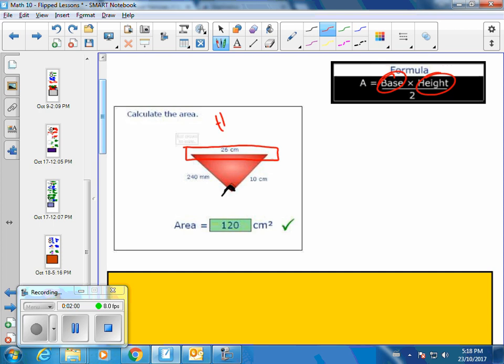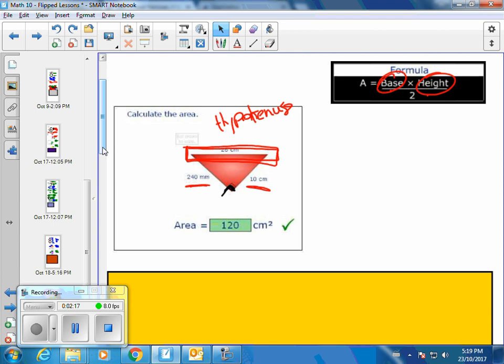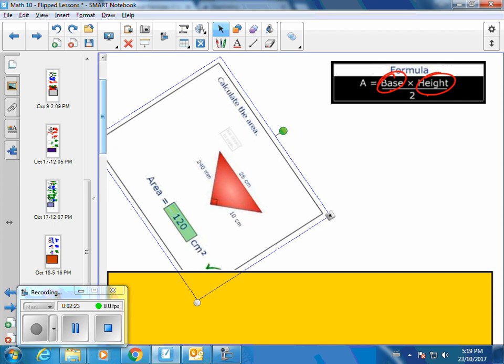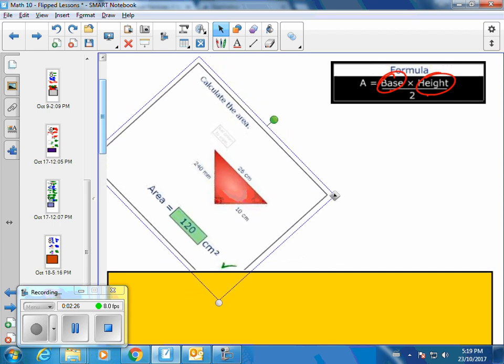Okay, the hypotenuse is the name for the longest side of the triangle. We are looking for the other two sides, the base and the height. If we rotate this triangle on its side, we can see if that makes it a little bit easier to see what our base and our height become.